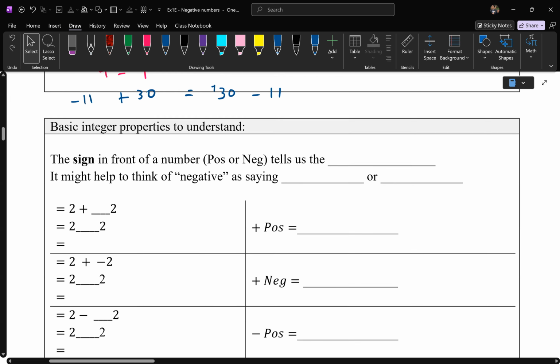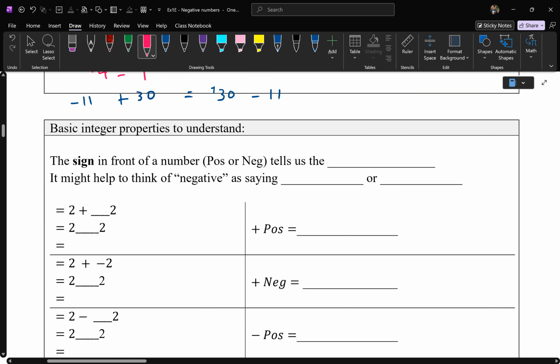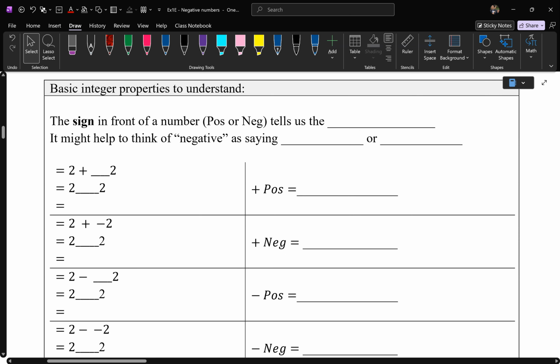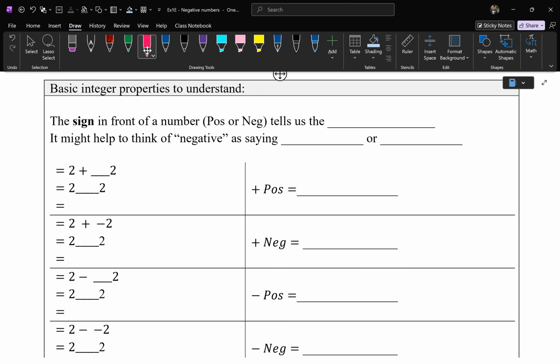All right, team, here we go. Let's take in some notes. So this part I'm going to get you to memorize for now, and then I'll slowly explain it next week as to why it works. Basic integer properties to understand. So this is just memorizing. Let's see if you can memorize. The sign in front of a number, so whether you have positive or negative, tells us the direction.